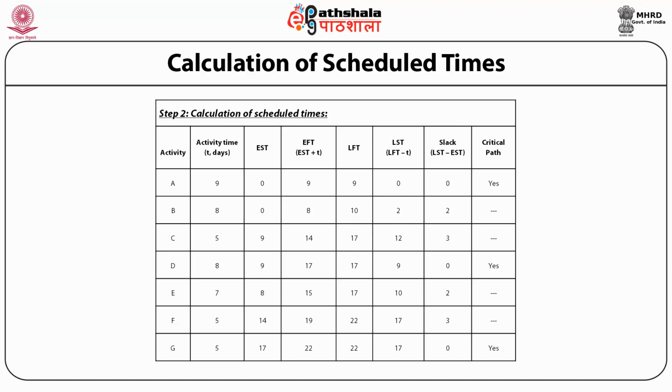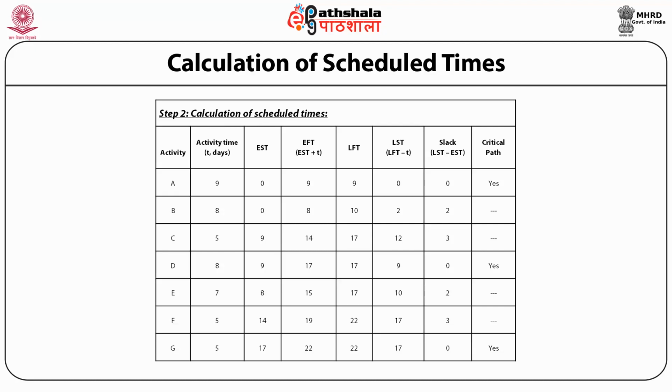Activity B: activity time 8 days, EST 0, EFT 8, LFT 10, LST 2, slack 2, critical path no.